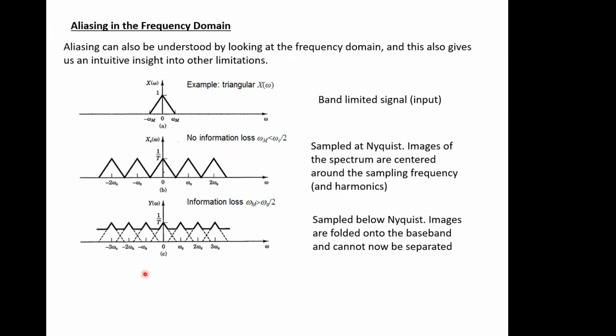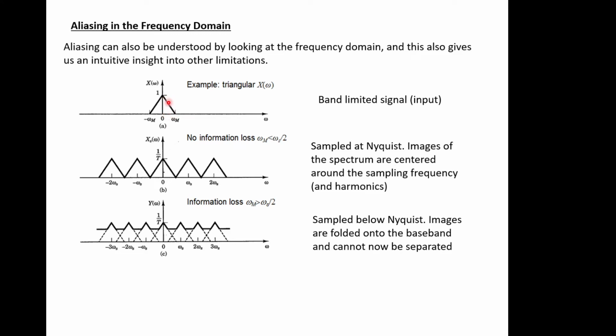Right, so if we look at it, that's in the time domain. If we start to look at things in the frequency domain, maybe that helps us visualize what's going on as well in a bit more detail. So if we took a signal that had a bandwidth of omega n, so this is the width, if you like, of the bandwidth of the signal we're interested in.